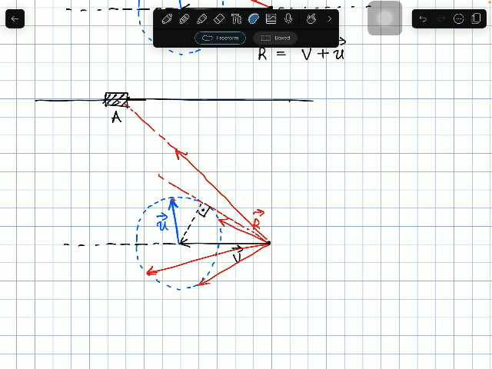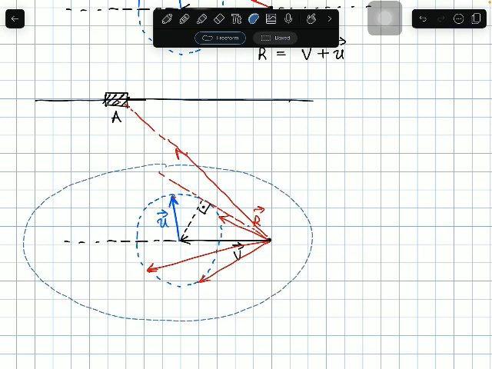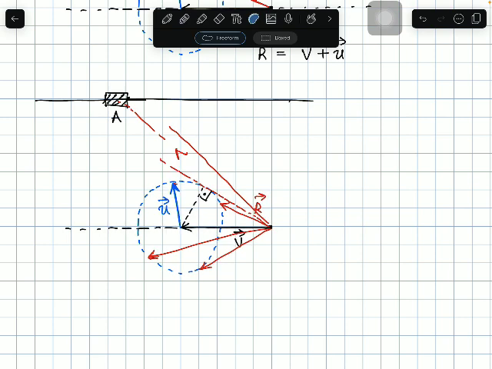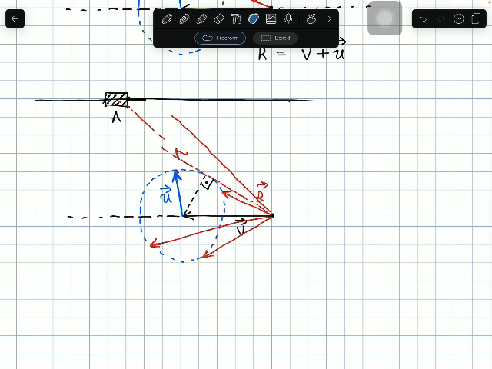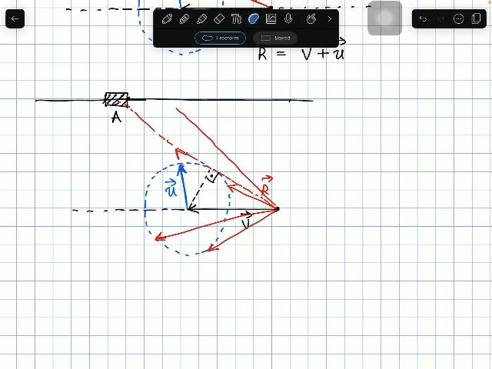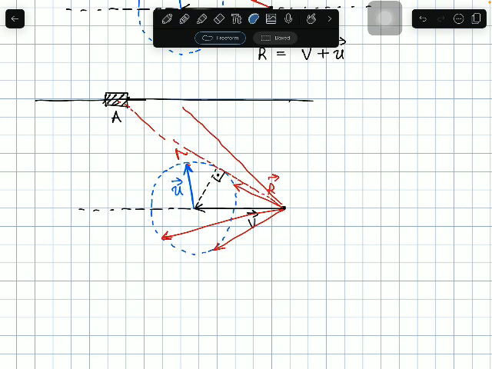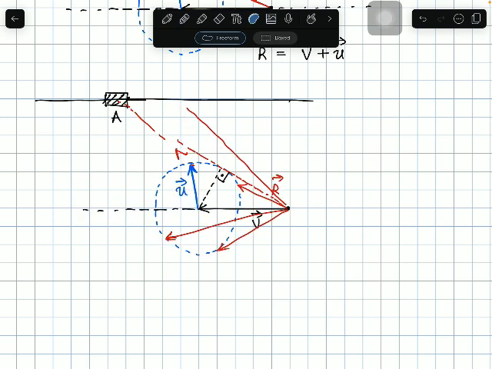So what we can do is slowly shift our position like this, such that the R, which is barely touching this circle, is pointing towards our bus.